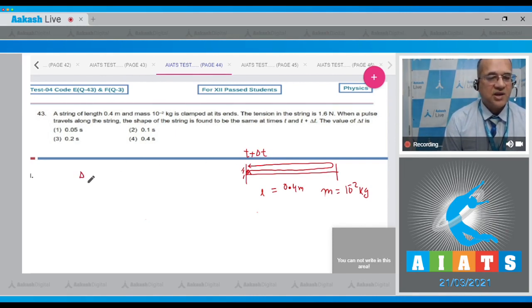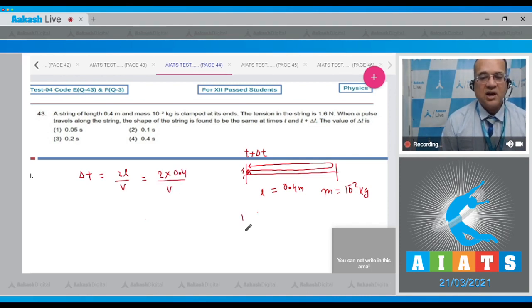So delta t is basically the time when this wave travels a distance of 2L with a certain speed v. So we have to find this pulse speed, and the distance traveled is this. How will you calculate v? v is equal to the square root of tension divided by mass per unit length.